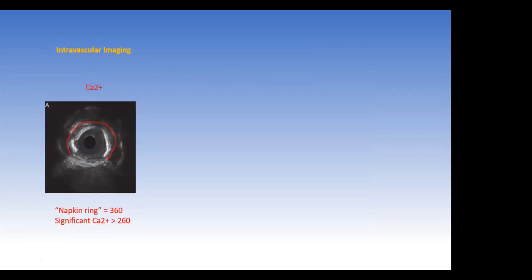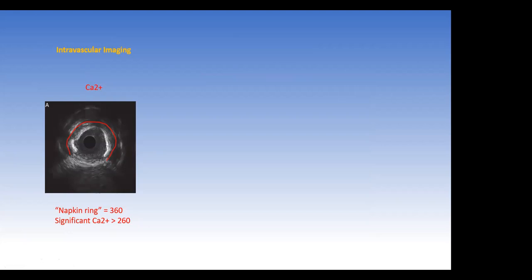Next part was identifying the calcium. The IVUS makes it very easy to spot the calcium because it's that wide rim in a vessel. It's significant calcium if it's napkin ring or 360, or significant calcium if it's more than 260. Unfortunately, significant calcium provides significant shadowing to the IVUS.